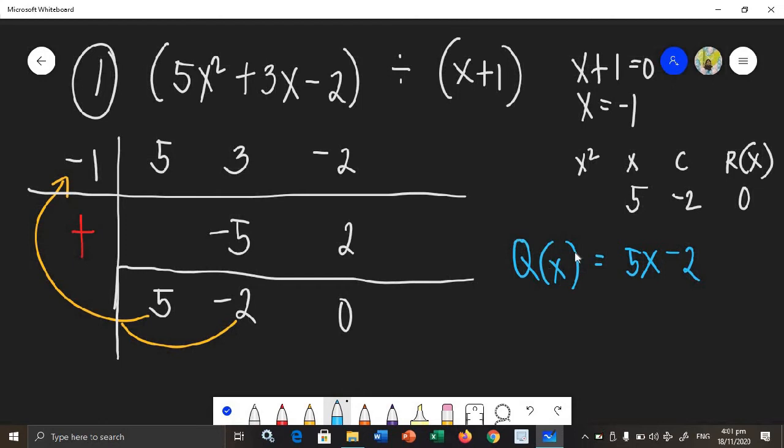So your quotient is 5x minus 2, and the remainder is 0. Using synthetic division, we now know that the remainder of this given is 0.